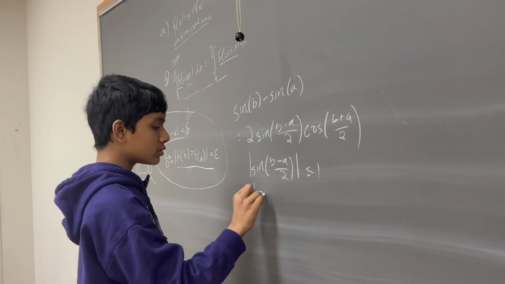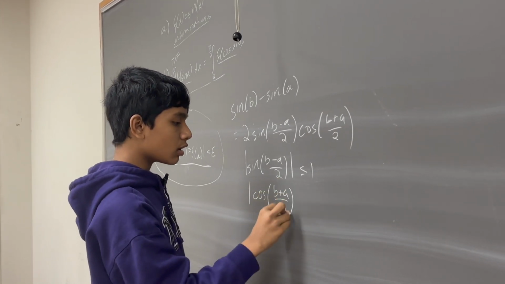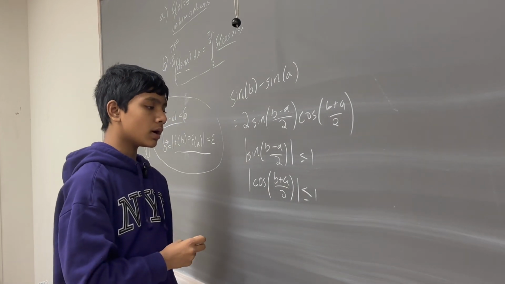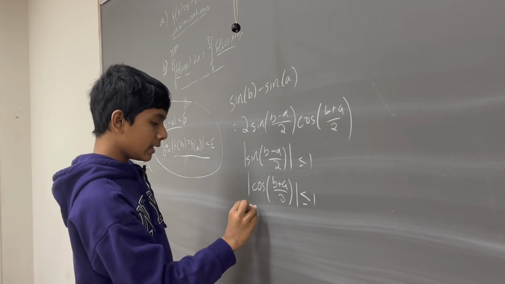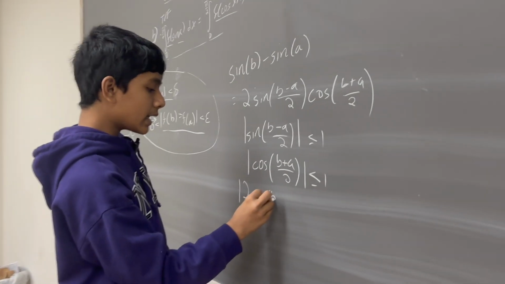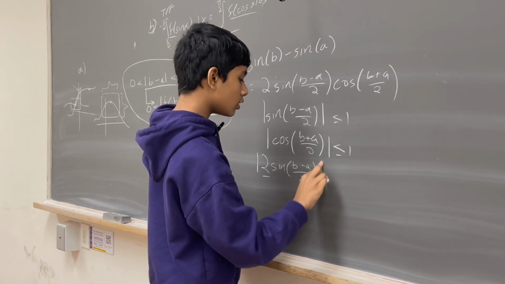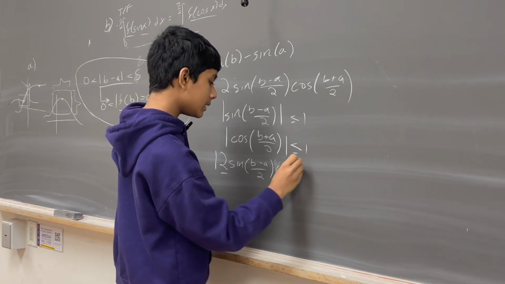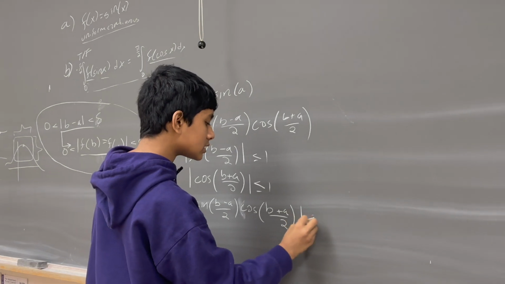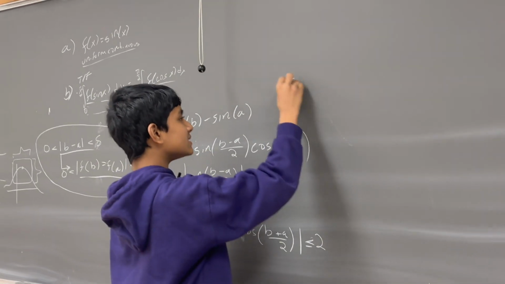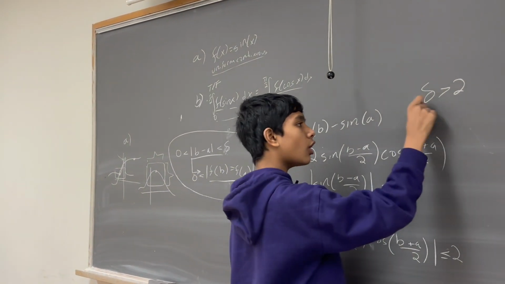Meanwhile, the absolute value of cosine of (b plus a) over 2 is also always less than or equal to 1. Multiplying 1 and 1 together and including the 2, this has a maximum possible value of 2, which means that if our delta is greater than 2, it doesn't matter what epsilon is, this is always going to work.